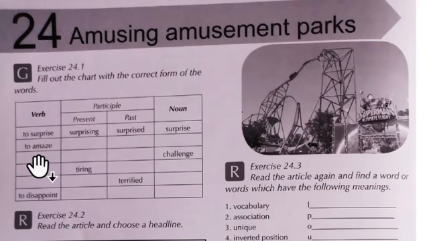In number 2, for example, you have to amaze, present amazing, past amazed, noun amazement. And you have to complete the rest. You have, for example, challenge, challenging, challenged. And you have to complete the table with the words tiring, terrified, and disappoint.